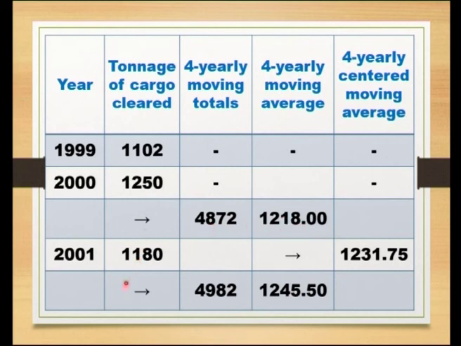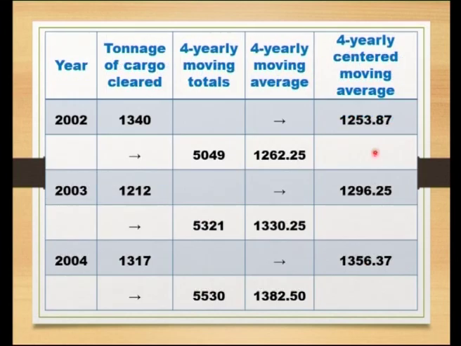Similarly, the next 4 values are calculated and written as 4982, and 4982 divided by 4 is 1245.5. Since there is no year corresponding to these values, it has to be centered. Therefore, the centered value is 1218 plus 1245.5 divided by 2. That value is 1231.75.